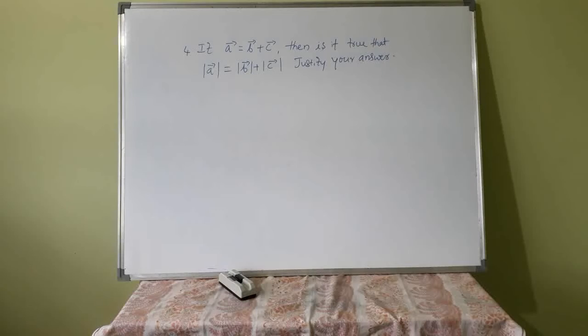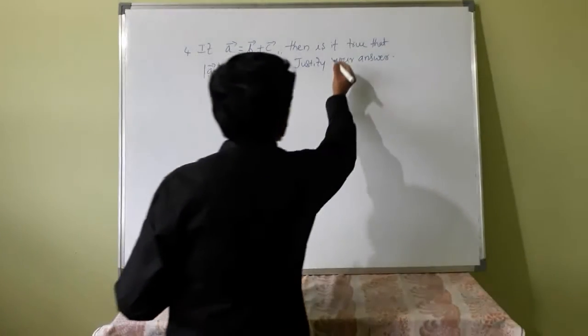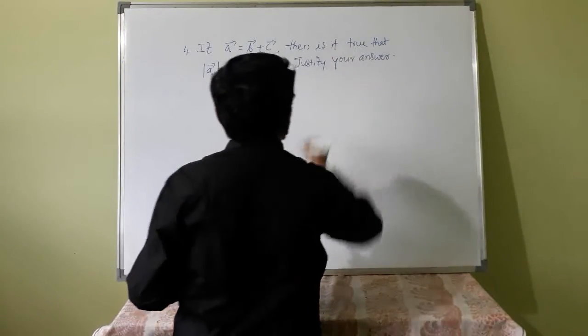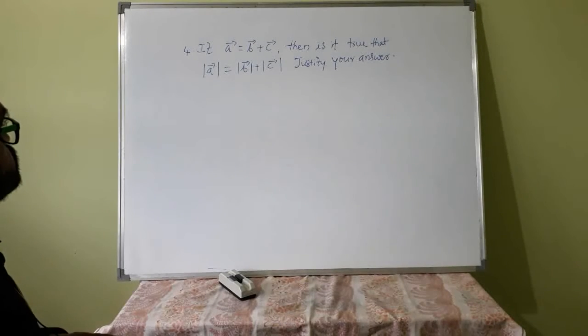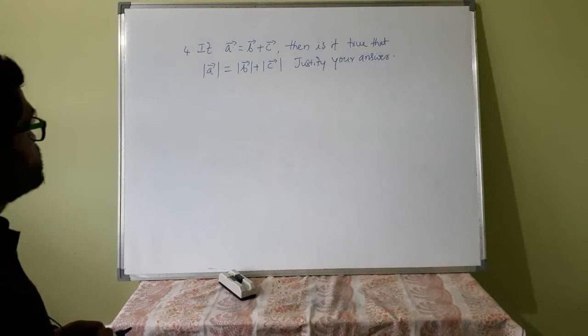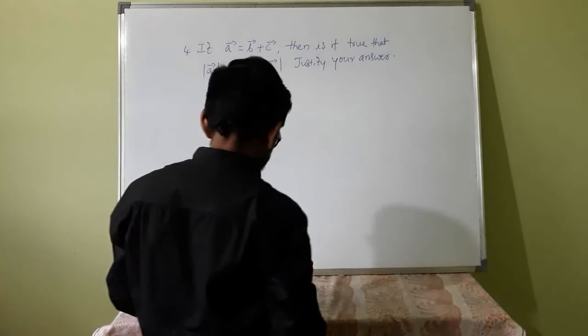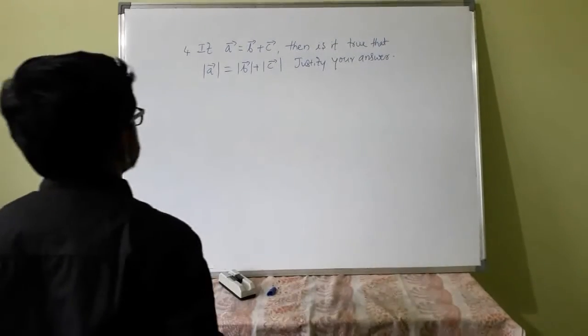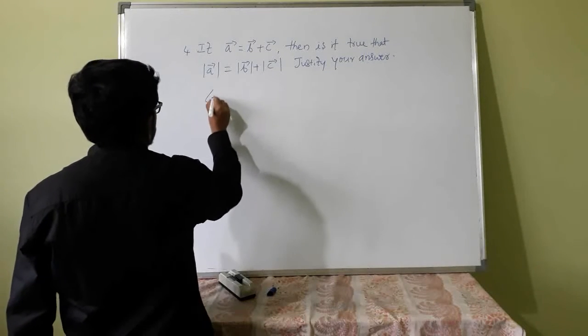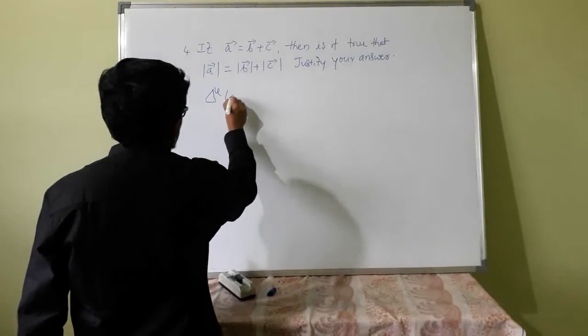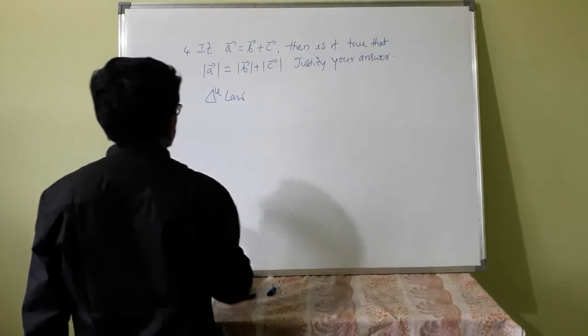If vector A is equal to vector B plus vector C, then is it true that magnitude of A is equal to magnitude of B plus magnitude of C? Justify your answer. Consider the triangle law of vector addition.